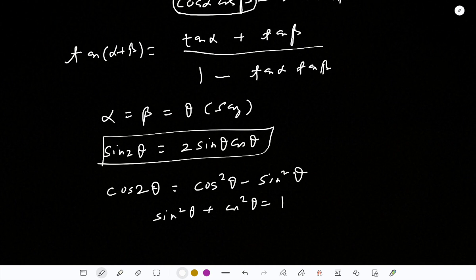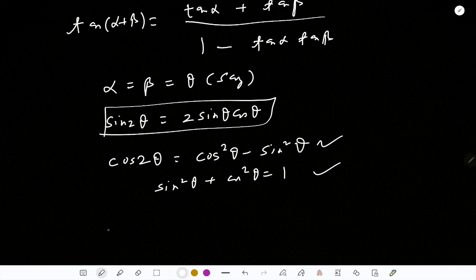I don't know what form of cos 2 theta you need in a particular situation, but I'm just suggesting that you can use these two things together and get the forms you need to solve the particular situation.